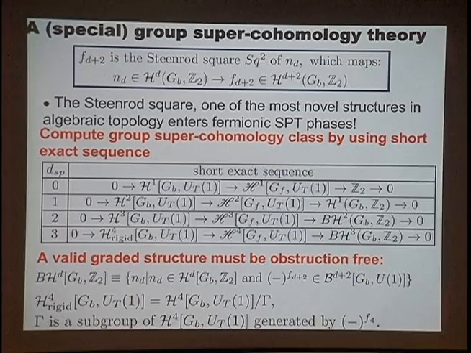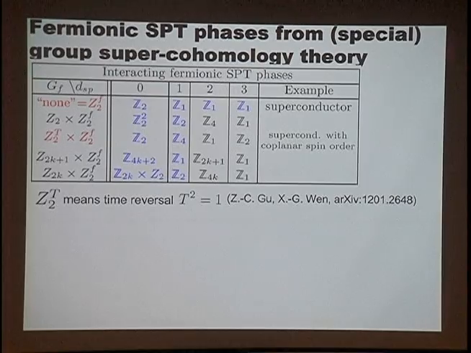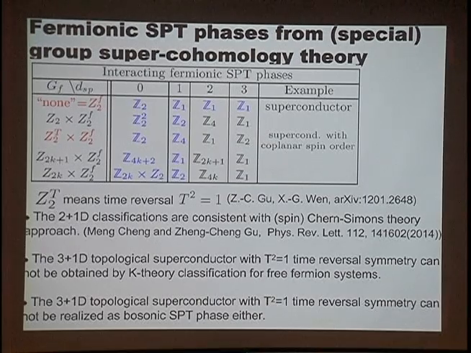So the only non-trivial thing is this graded structure. With such a non-trivial graded structure, we are able to find some SPT phases that are beyond the K-theory classification and also beyond the bosonic SPT. Because if you input this symmetry class into the K-theory classification for free fermions, you get nothing. And if you think about the bosonic SPT, all of them collapse, you also get nothing. But here we do find something new.